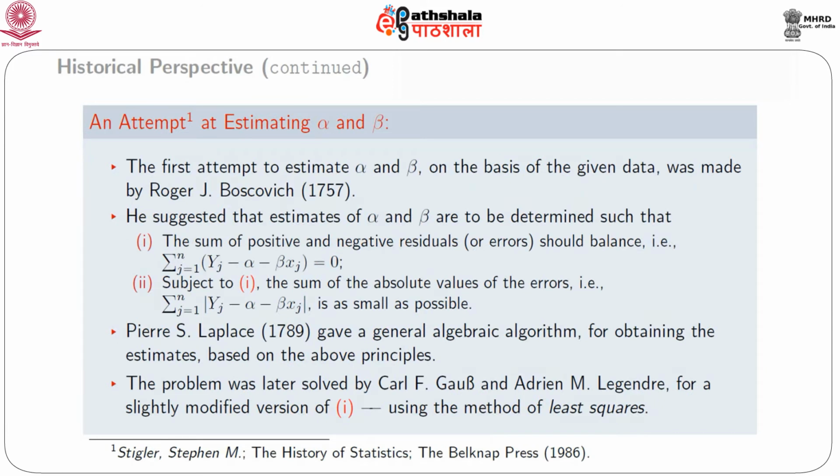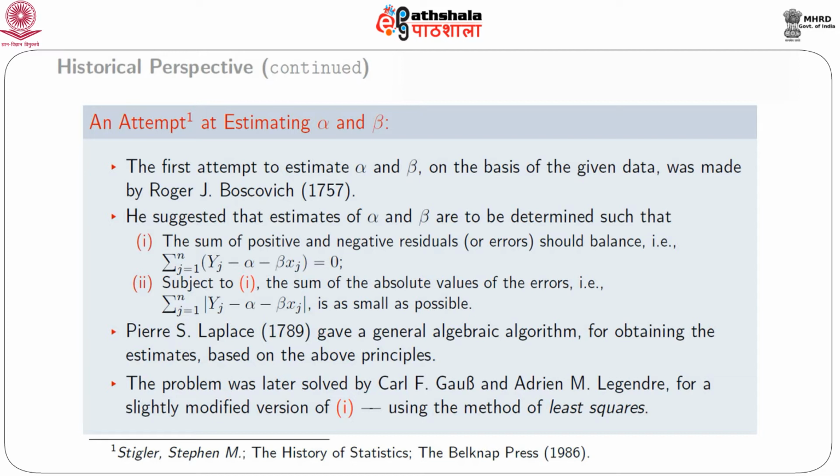To estimate the parameters alpha and beta, the first attempt was made by Roger Boscovich in the year 1757. He suggested that estimates of alpha and beta are to be determined such that the sum of positive and negative residuals or errors should be balanced.